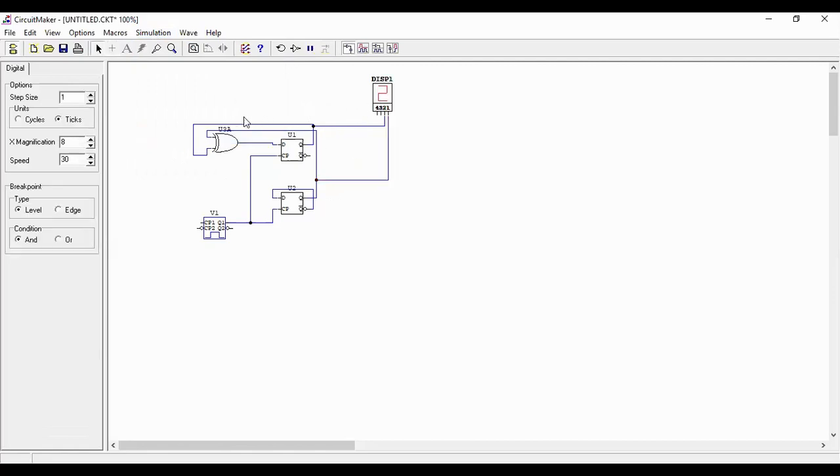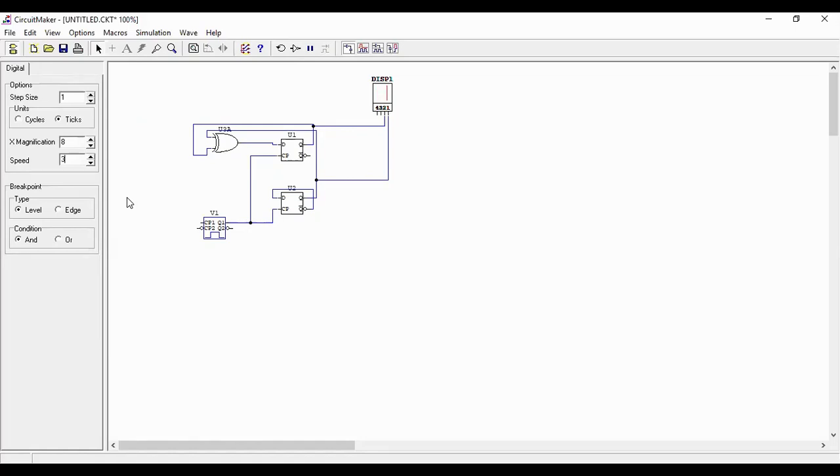Our speed is very high, so you can change it to 3. Just remove the 0, direct it to the 3. And you can see our counter doing the counting. 0, 1, 2, 3. 0, 1, 2, 3.